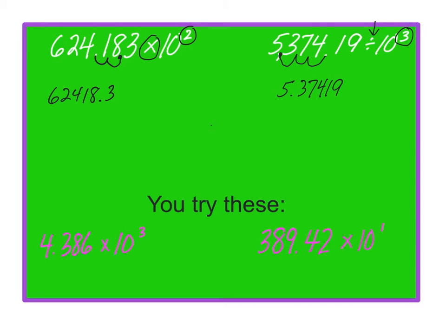Now it's not so much that we can say the number properly, we're really focusing on our decimal and how it moves. So again, since it was to the third power and it was division, it moved to the left, you can see here, and I do highly suggest drawing these little hops, as I call them, as we're hopping across the different place values to get our answer. So again, there's 2 for you to try.